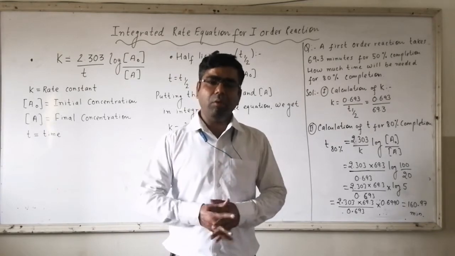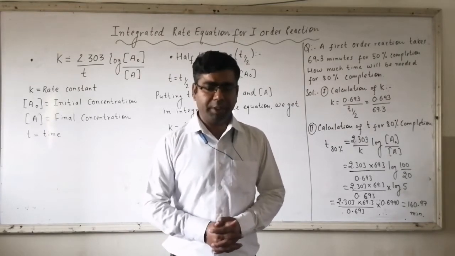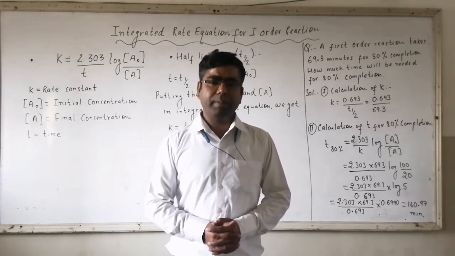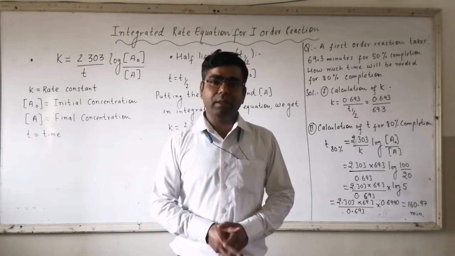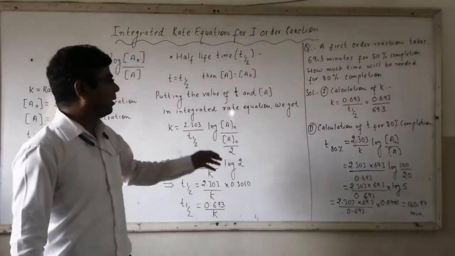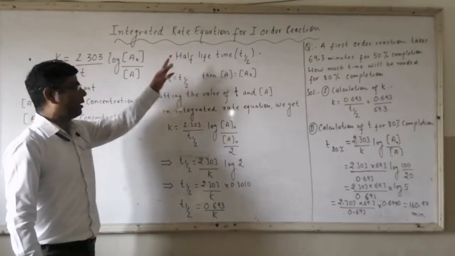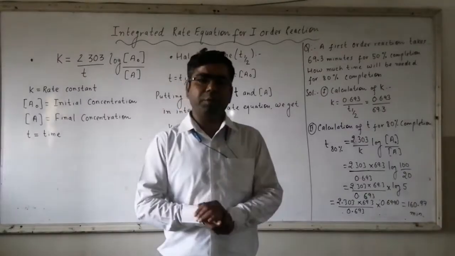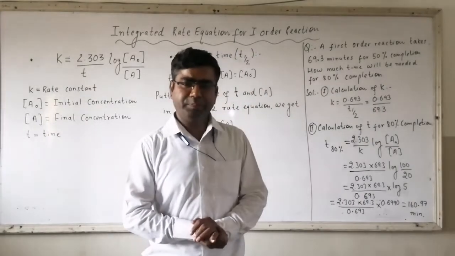After that, we have completed order of reaction. After order of reaction, we have a new topic in this chapter, that is integrated rate equation for first order reaction and integrated rate equation for zero order reaction.